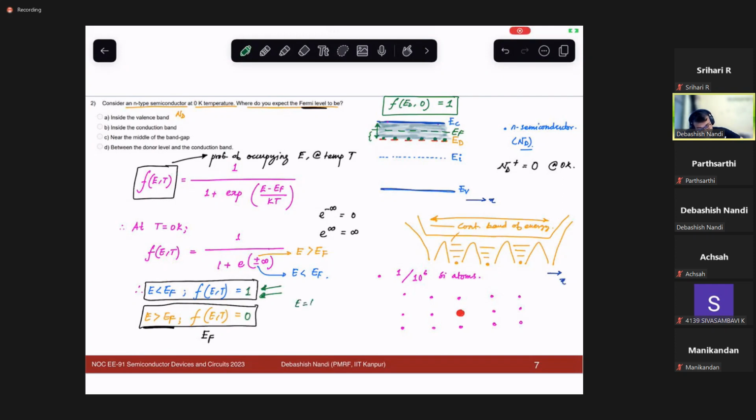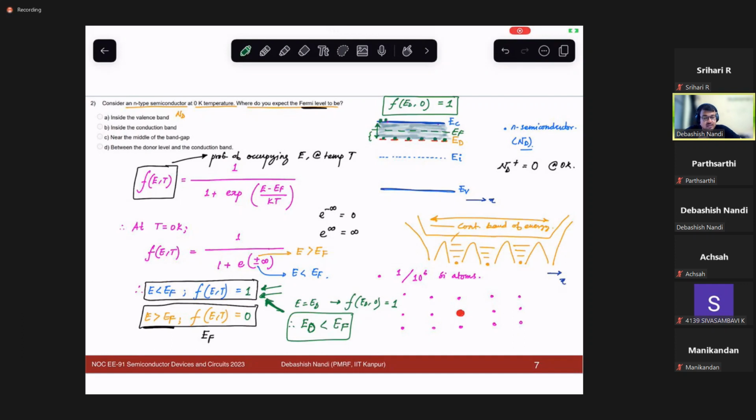E equals ED leads to F of ED, comma 0, T equal to 0, is equal to 1. That means ED has to be less than EF, this condition. So one thing we got sure is that EF has to be greater than ED, right? And again, if my electrons are at this place, then all the dopant atoms are ionized, or some of the dopant atoms are ionized.